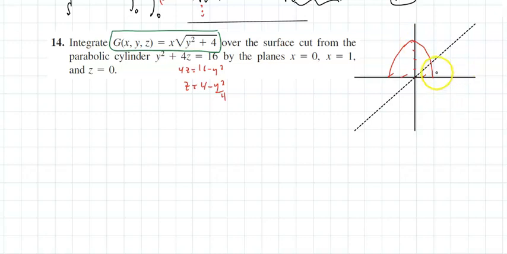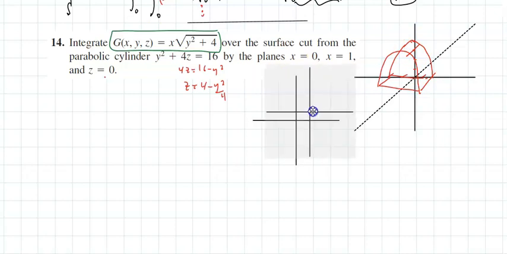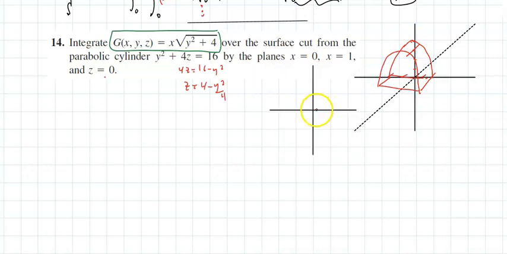Z equals 0, so it runs from 0. X is between 0 and 1. Something like this. So, if I look at this, I notice that x runs between 0 and 1, and y runs between, if I put a 0 right there, y runs between negative 4 and 4. Right?